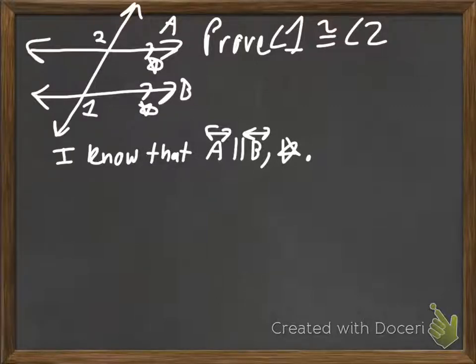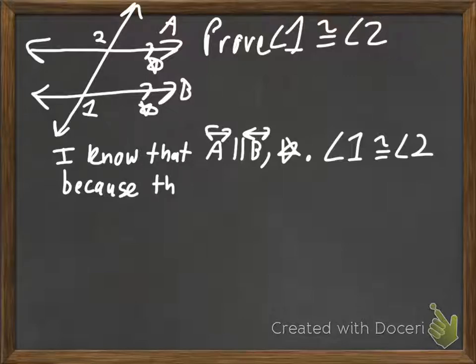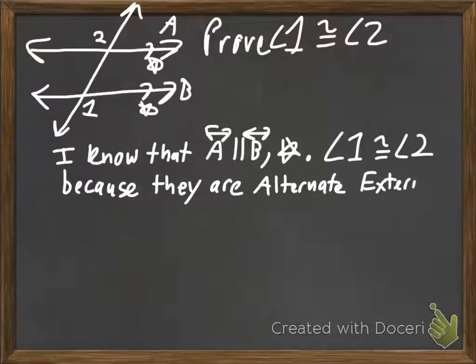So now I can say that angle 1 is congruent, and you could actually be writing out the words, congruent to angle 2 because they are alternate exterior, and if you wanted to abbreviate alternate exterior, that's fine, like AE, angles.